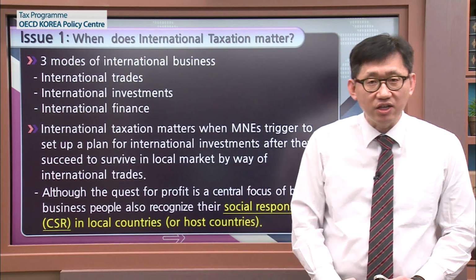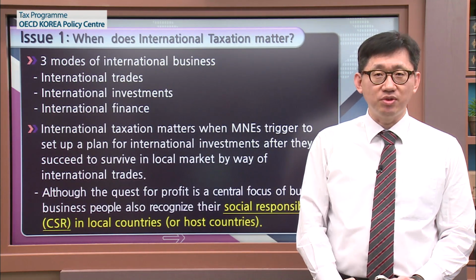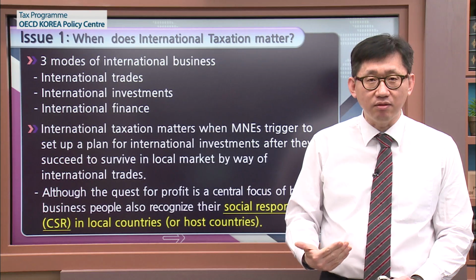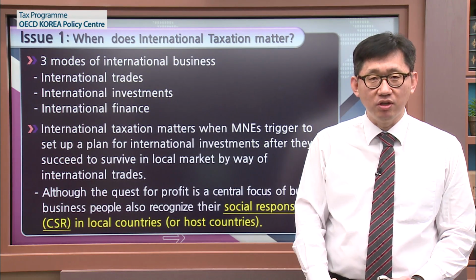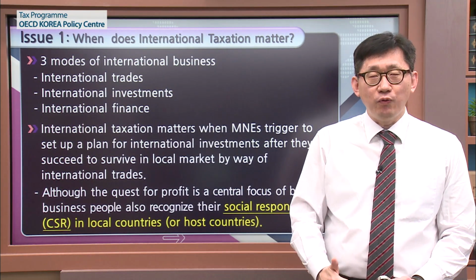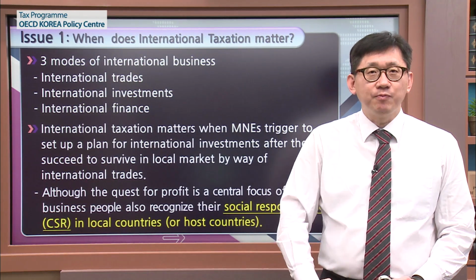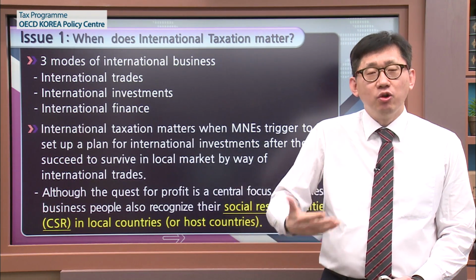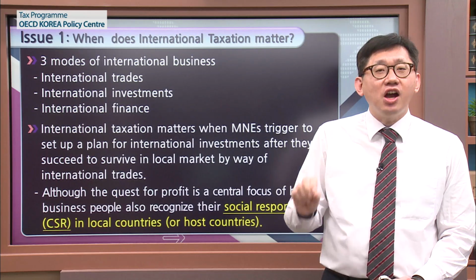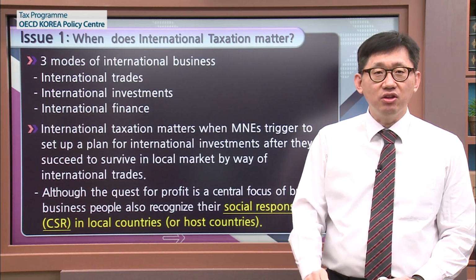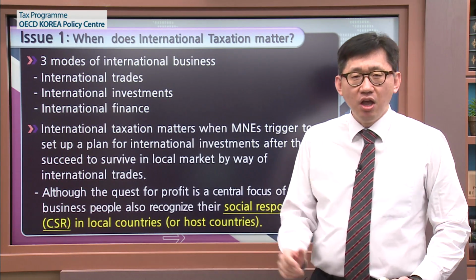International taxation matters when a multinational enterprise triggers a plan for international investment, makes a new factory, makes a new mill, or purchases foreign firms in a local country. That is the starting point. Think about international taxation.